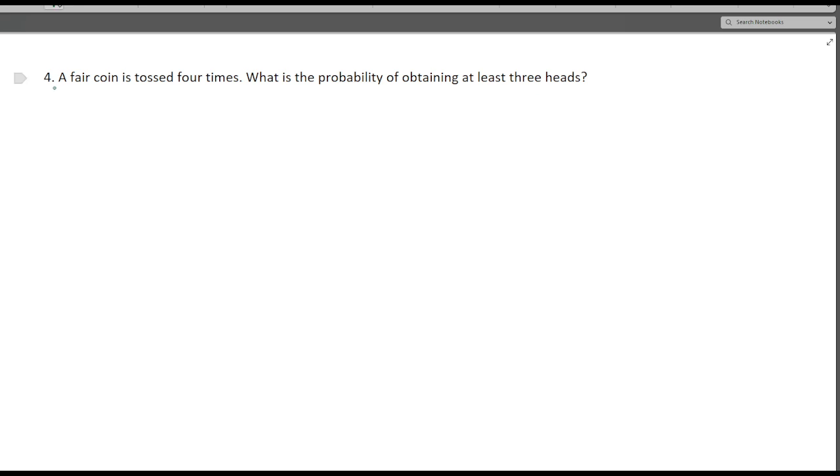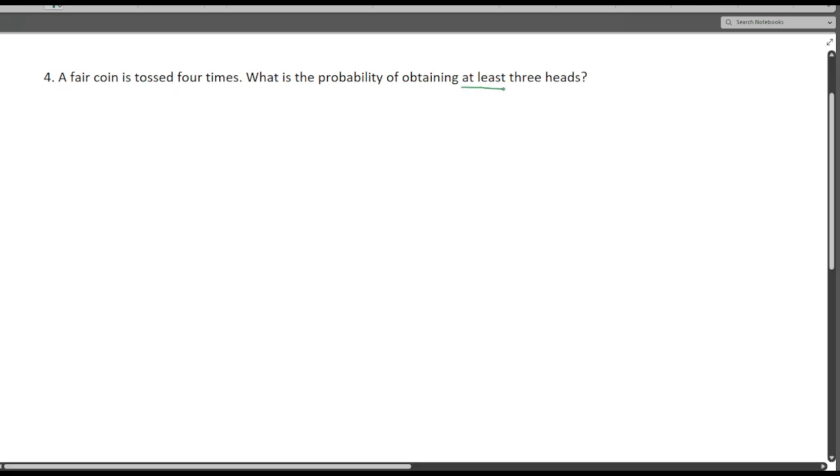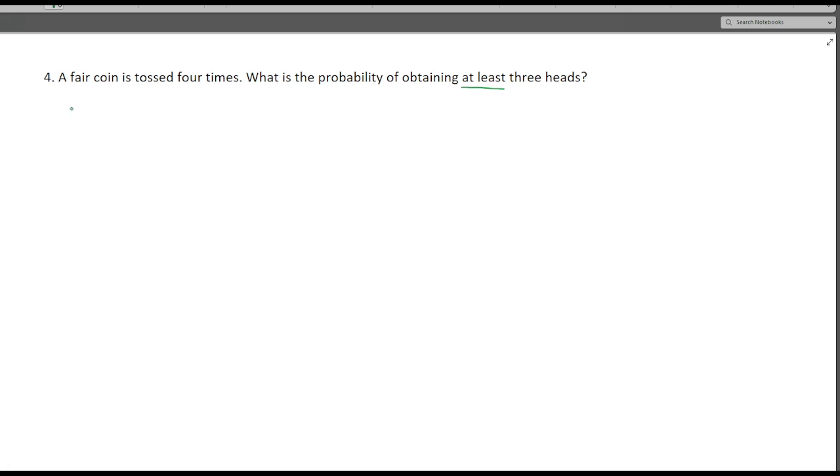Now I want at least 3 heads. At least 3 heads means 3 heads or more than 3 heads.